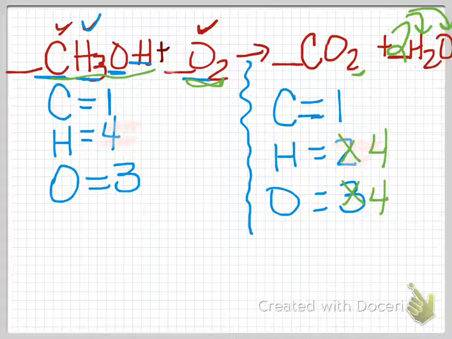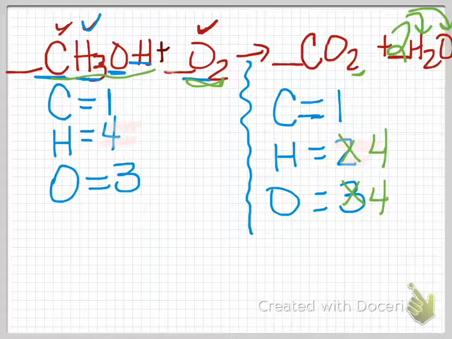Well, if I can, I want to change this one right here, because if I change that one over there, that's going to mess things up. And if I can help it, I don't want to touch that one. But it doesn't look like I can help it. So I guess I'm going to have to.